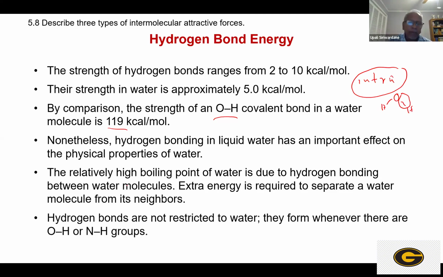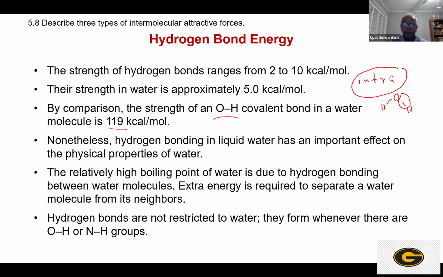Hydrogen bonding is not only OH, NH, FH groups, dipoles, also considered hydrogen bonding. We talked about it.